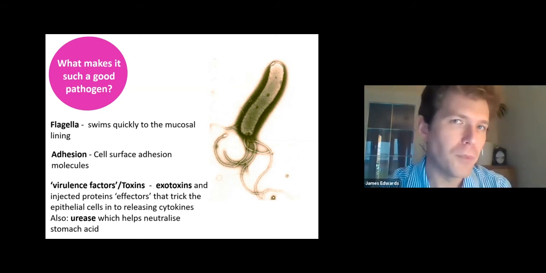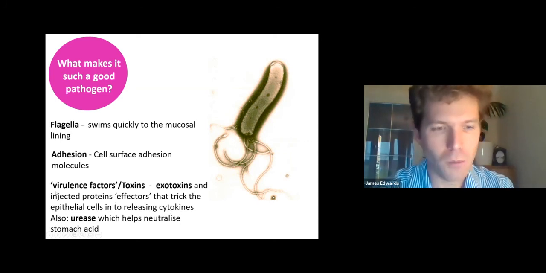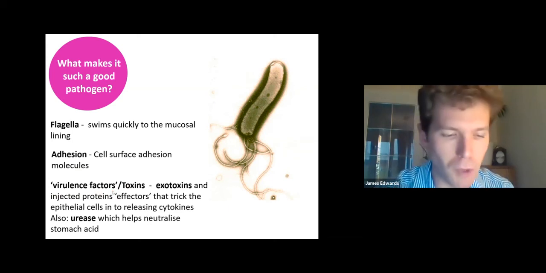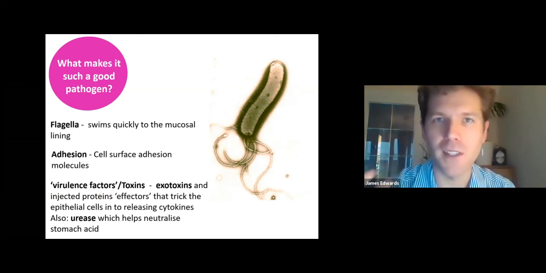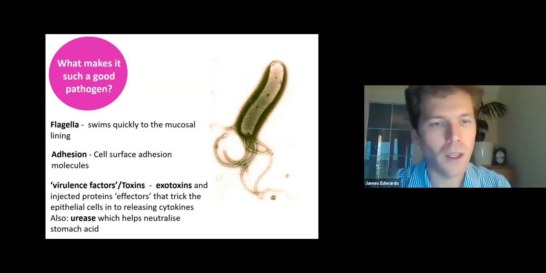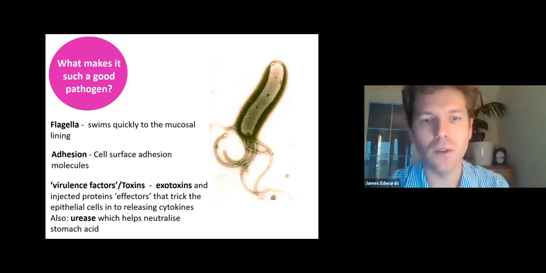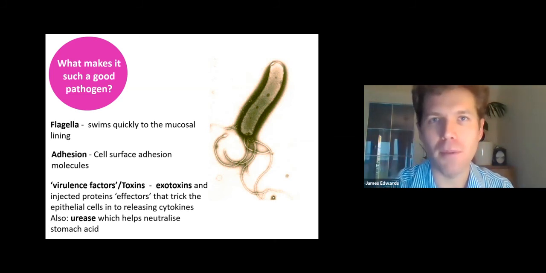But not only that, it's got a series of what are called virulence factors. Now, this is a term which you may not have come across yet. Essentially, this is another broad term which refers to the molecules, proteins and enzymes which facilitate disease, i.e. facilitate virulence. In this case, these are proteins which are injected into nearby cells, which actually trick epithelial cells into releasing cytokines and inducing an inflammatory reaction.